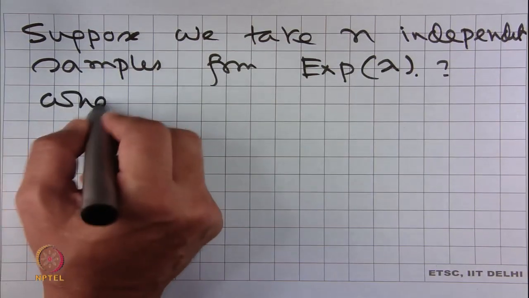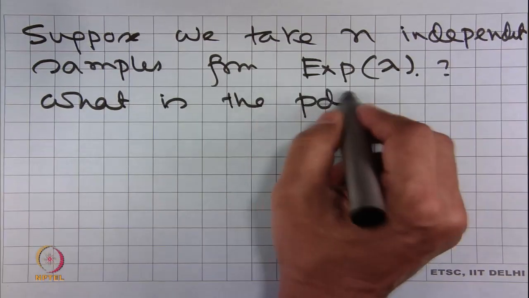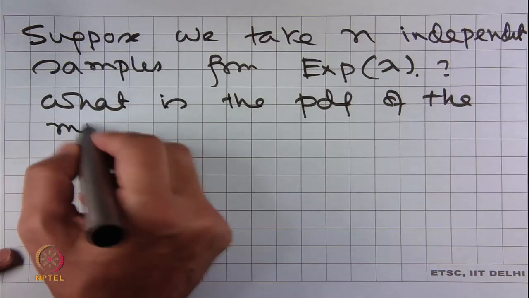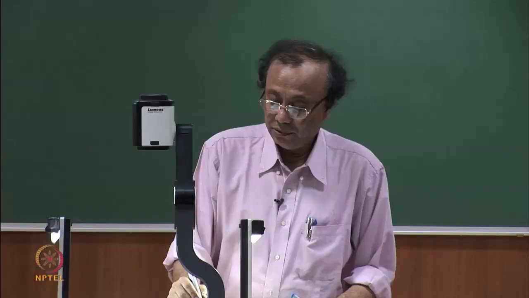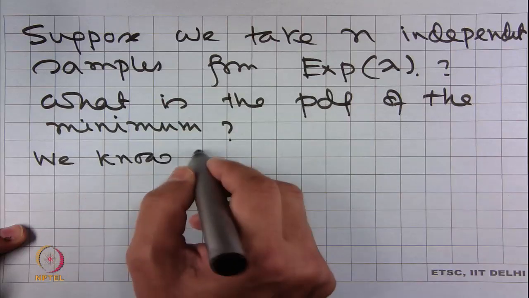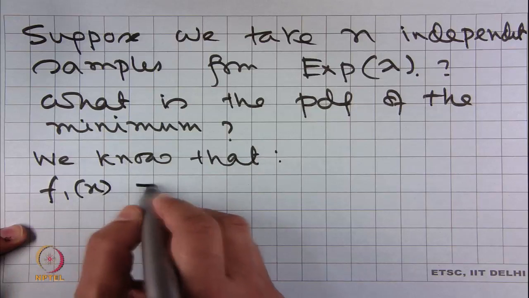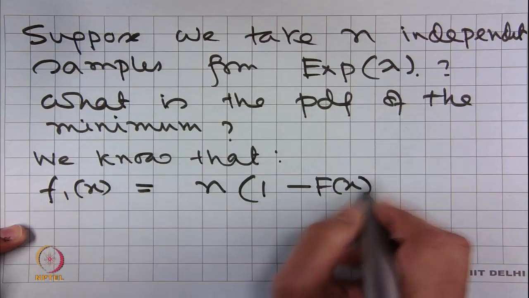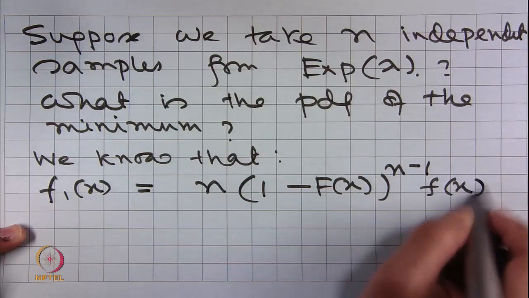What is the PDF of the minimum? We know that f 1 x is equal to n into 1 minus F x whole to the power n minus 1 into f x.